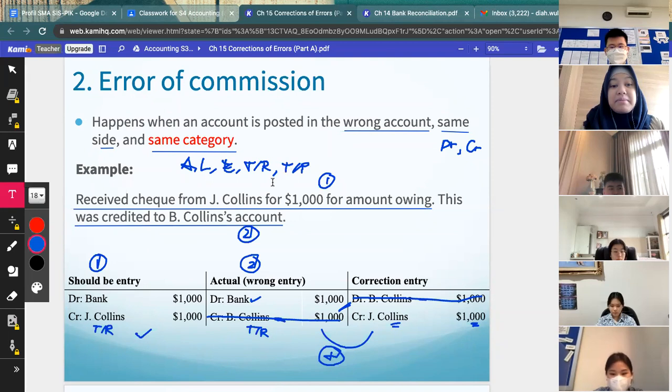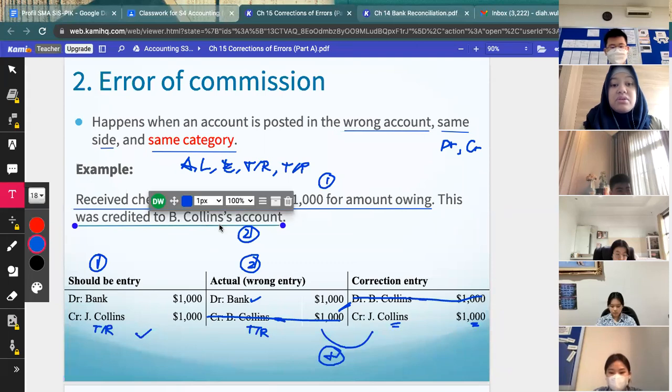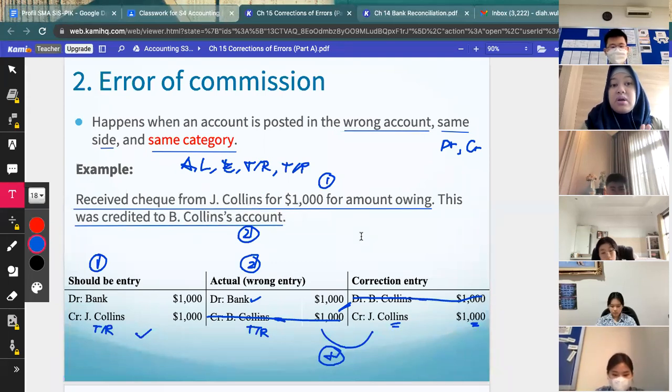Okay, example. Receive check from J. Collins for 1,000 for amount owing. This was credited to B. Collins' account. Once again, step number 1 is to cut the sentence into 2. The first sentence is always showing how you should record the transaction, and the second sentence is showing where your mistake is and what the actual entry is that you have done in the book.